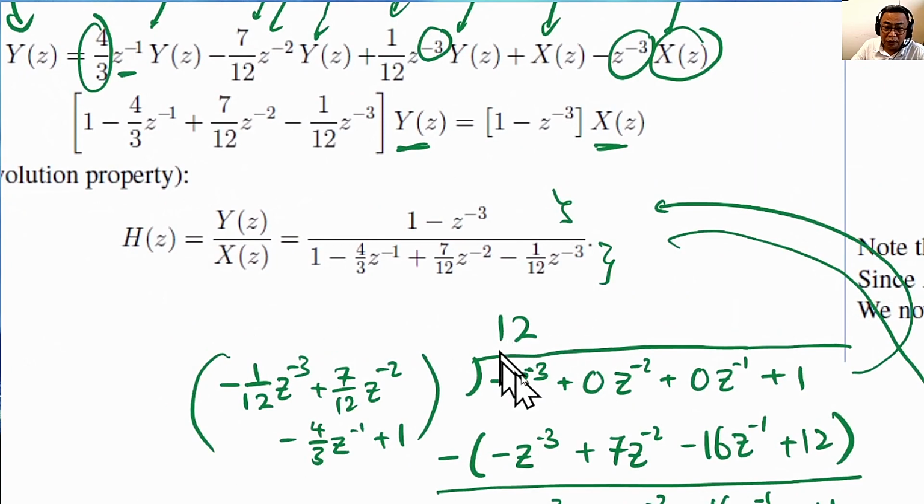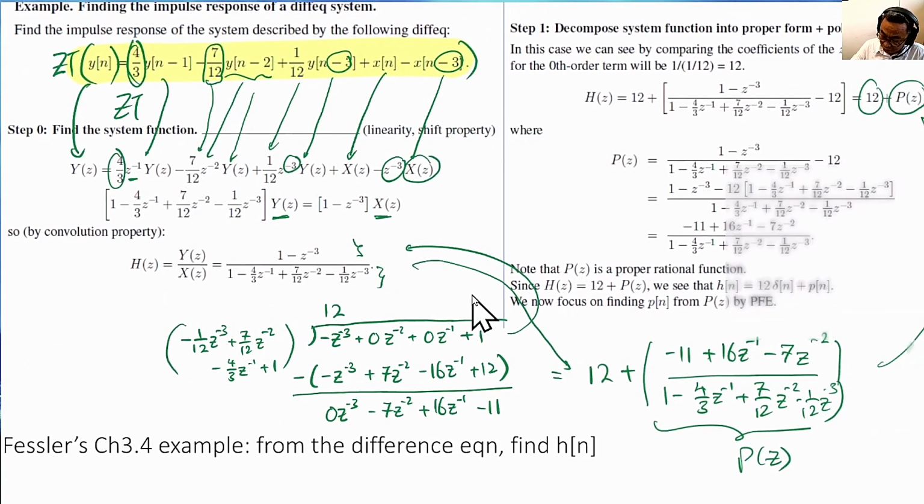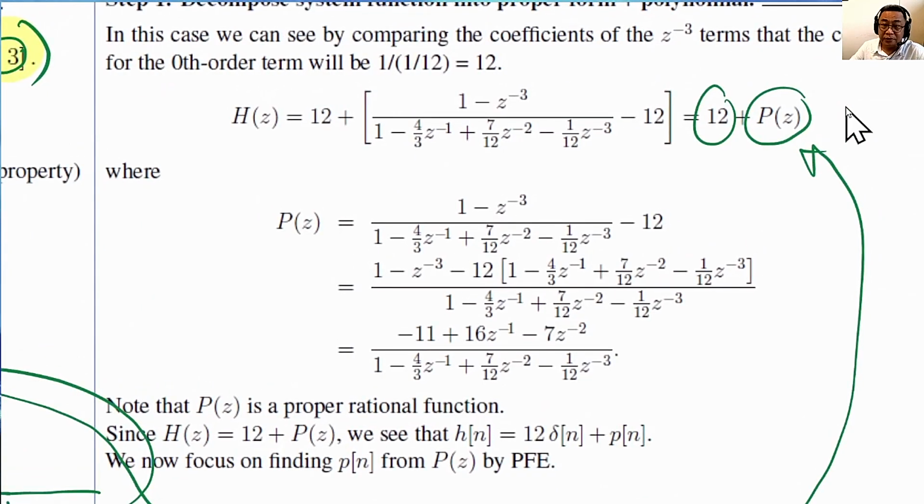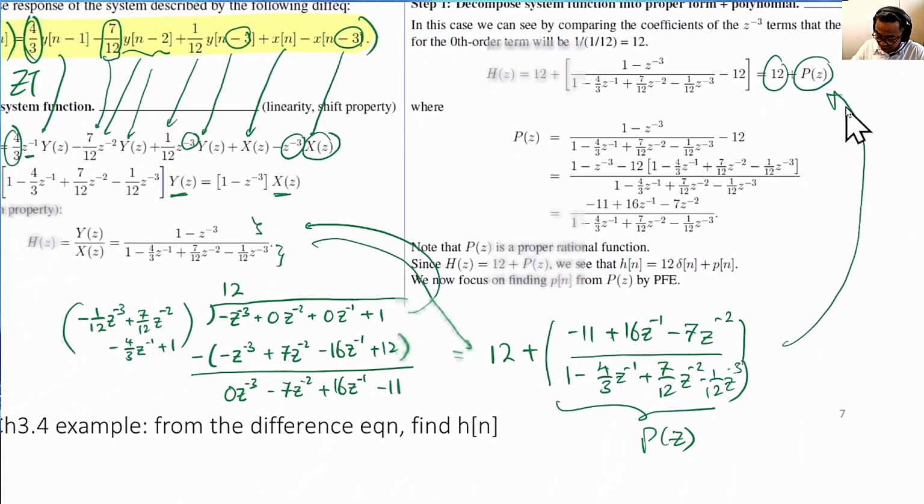We use long division to get it into this form: a polynomial of z, in this case just a constant, and the proper rational function. We are now ready to perform inverse z transform to get h of n. So let's copy this equation to the next page.